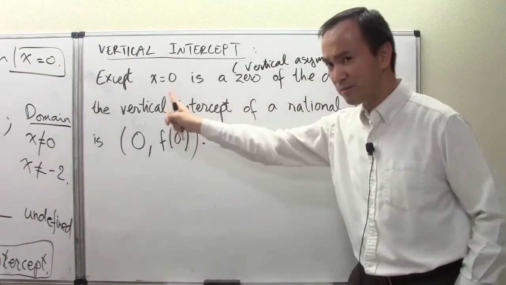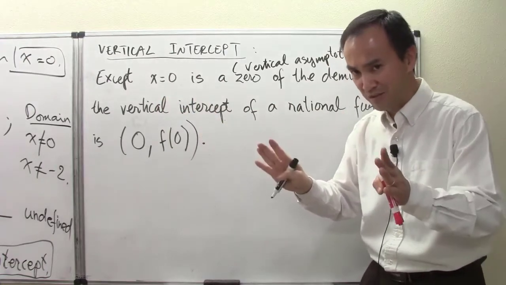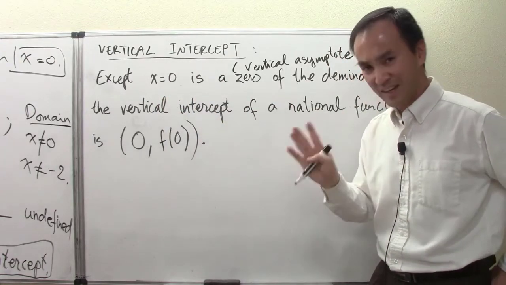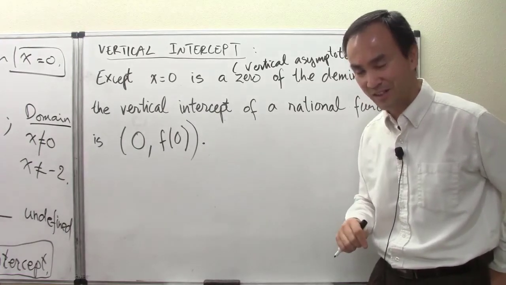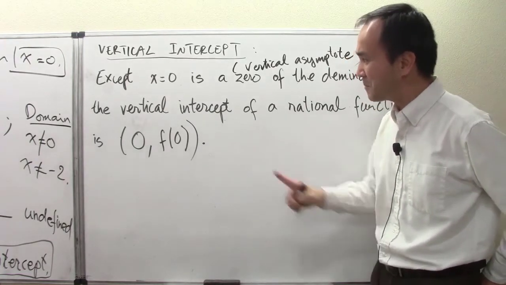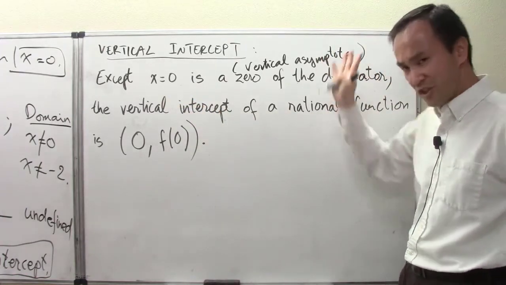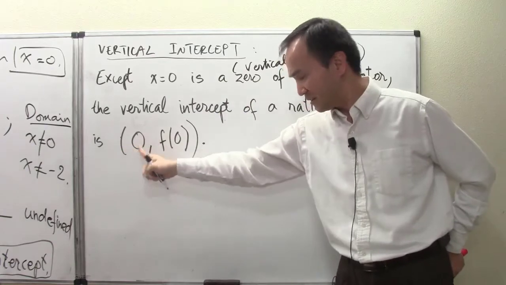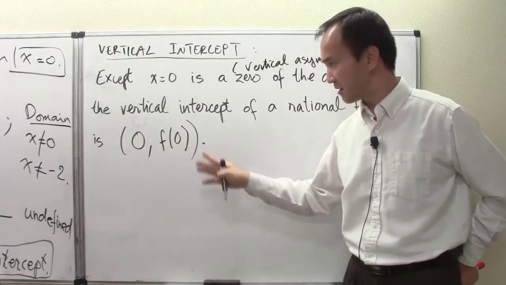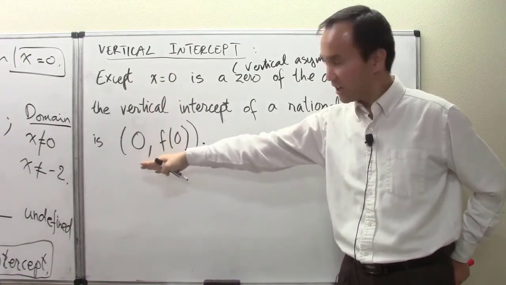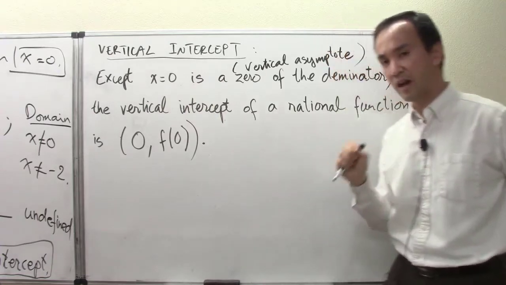Then the vertical intercepts. You can see that I keep mistaking the two names here quite a few times already, because I got so long into working with vertical asymptotes just right before recording this lecture in particular. So the vertical intercept of any rational function, just like usual, is just x equals 0, comma, f of 0. But then, like I said, it only works anywhere except the case where x equals 0 is the 0 of the denominator.